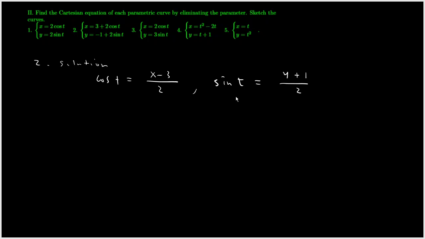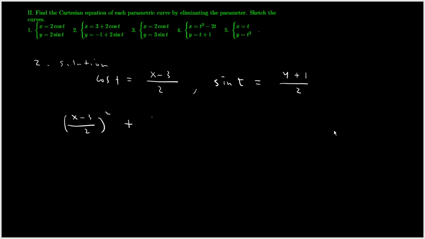And then the way to cancel out the t is the same thing. You use the trig identity that cos of t the whole thing squared plus sine of t the whole thing squared is equal to 1. So you'll have x minus 3 over 2 the whole thing squared, which is cos of t squared, right?